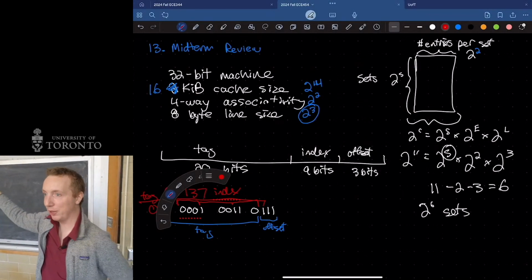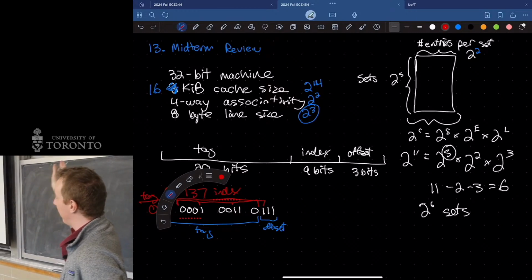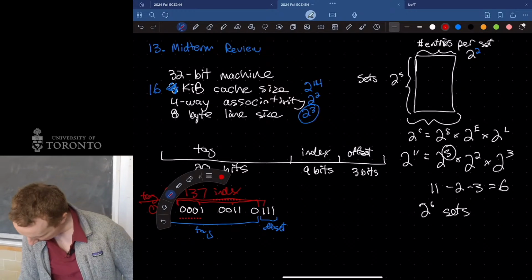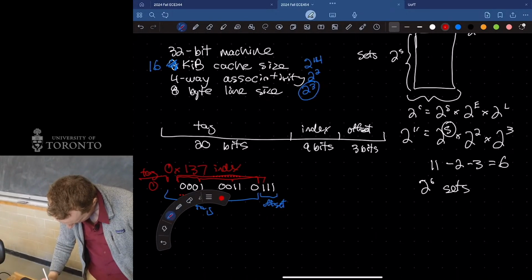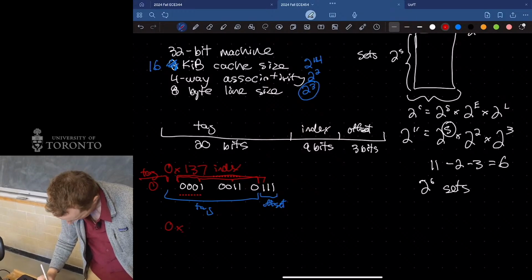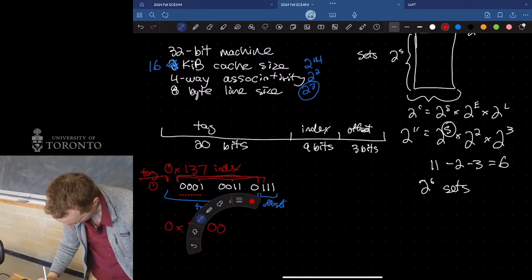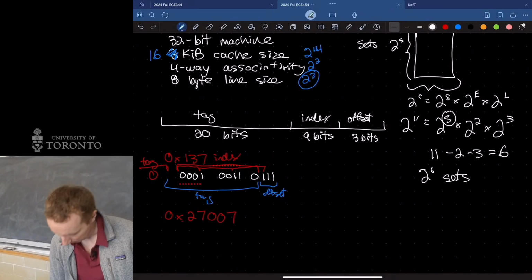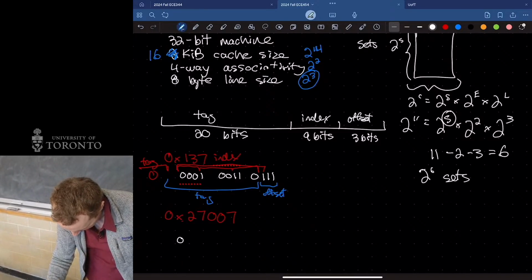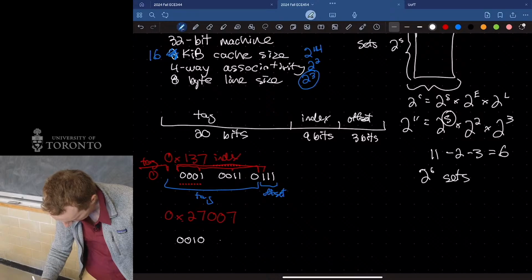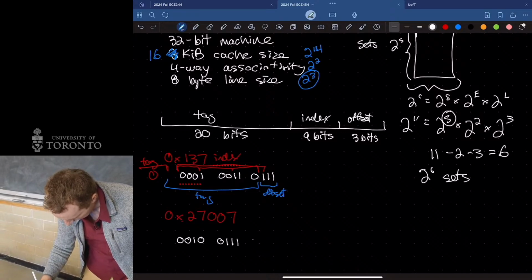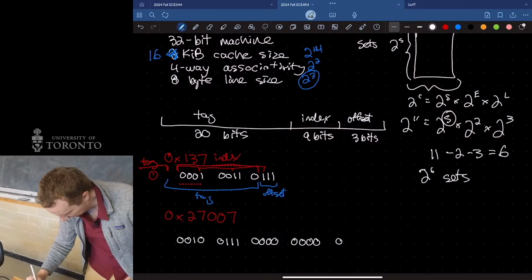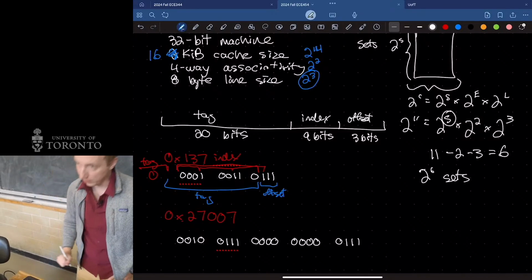If you get something like that, make sure you divide it up properly and you actually follow your tag, index, and offset. So if we look at the next address, something like 0x27007, we can convert it to binary. 2 is just 0010, 7 is 0111, 0 is just 4 zeros, another 4 zeros, and then 0111.